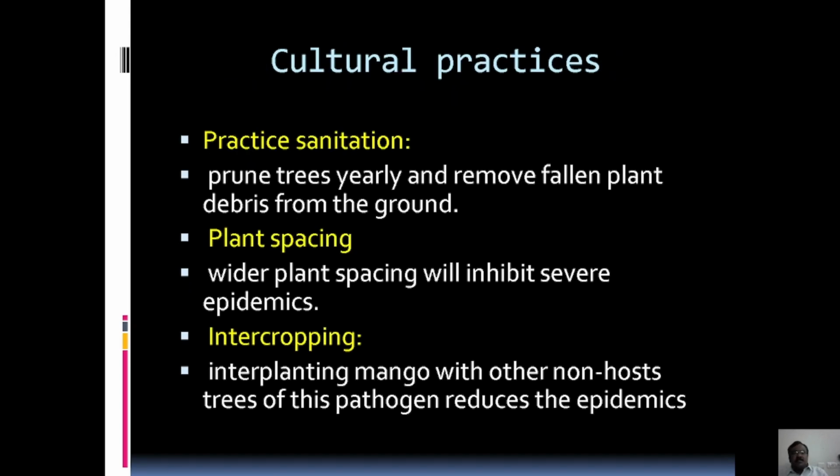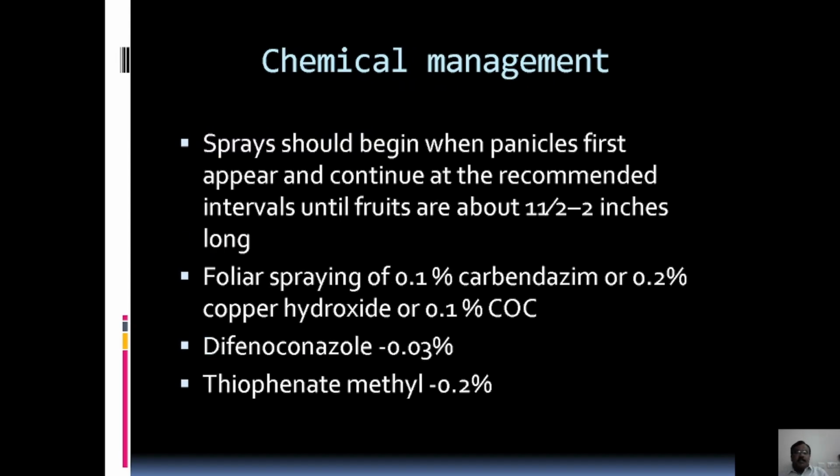And for managing this disease, prune the trees once yearly and remove the fallen parts of the dried infected plant debris, and then wider spacing will inhibit the spread to some extent, and intercropping of mango with other non-host crops reduces the pathogen epidemics.